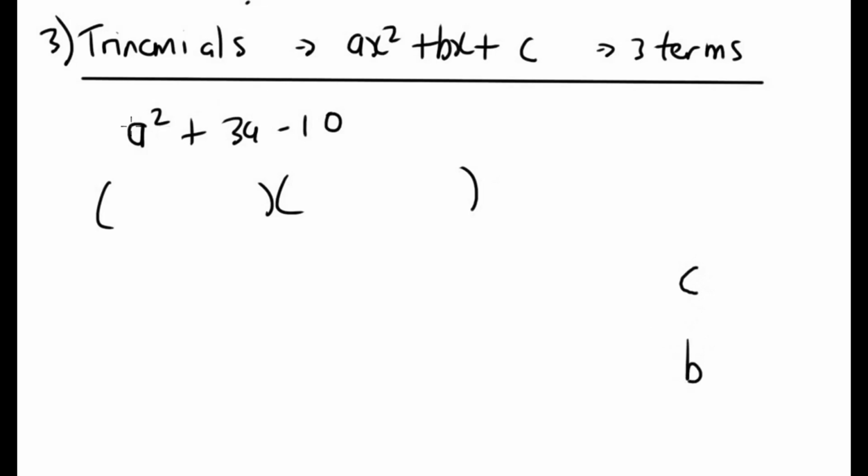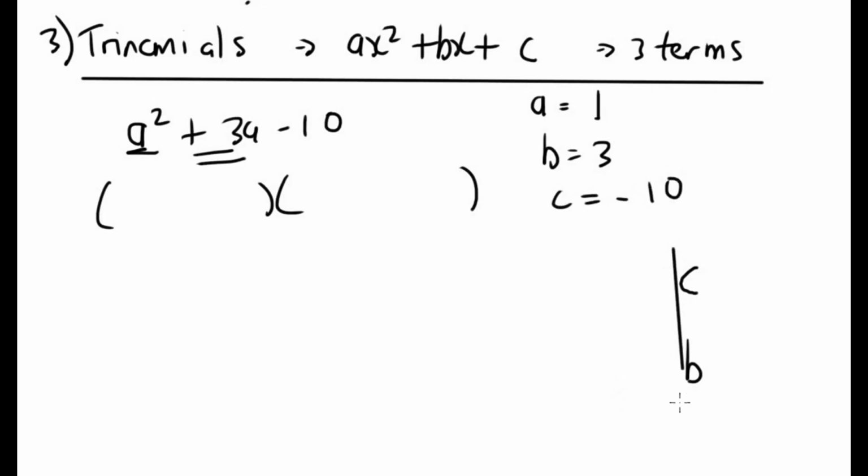So the first thing to identify here is what is a, b, and c. So a is the coefficient of the x squared term. So a is equal to 1 in this case, b is equal to 3, and c is equal to -10.